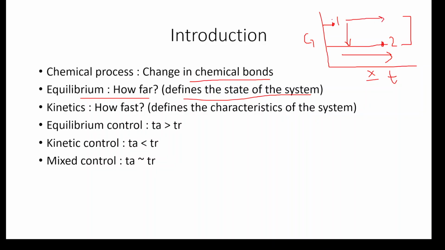It can be in milliseconds for a very spontaneous reaction, and it can be in days for some biological reactions. We should know if the reaction is equilibrium controlled, kinetically controlled, or mixed controlled. This is what we understood in the session.